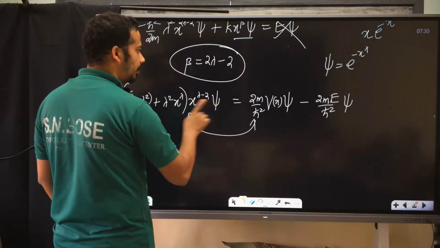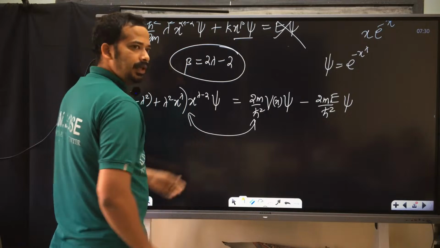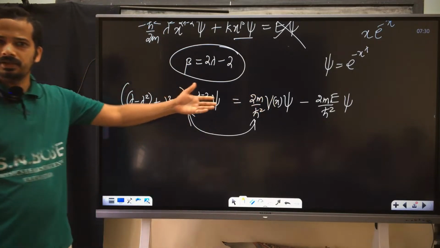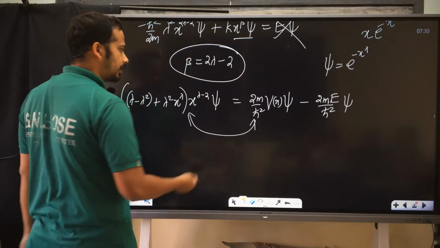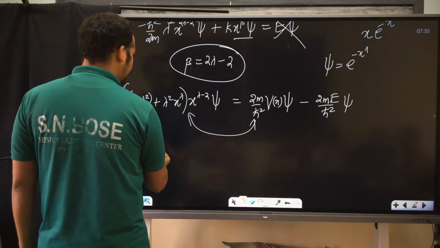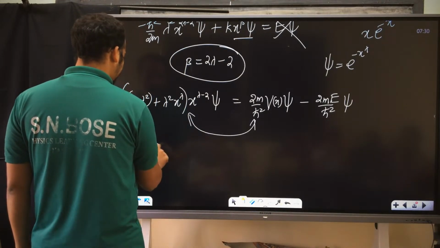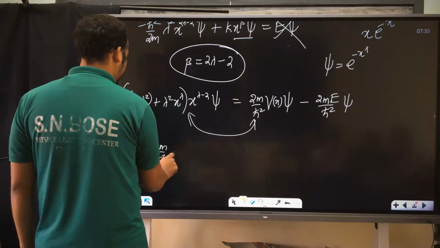Now, we found V of x in this method only. Isn't it? You write V of x. What is 2m by h bar square into V of x?